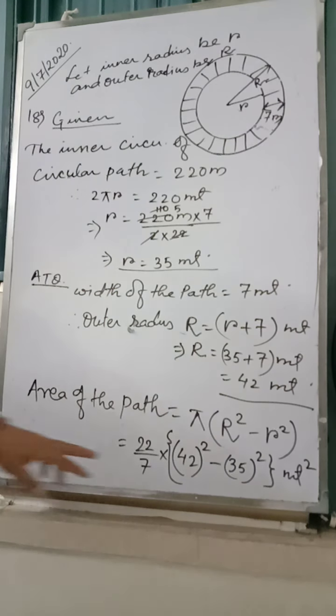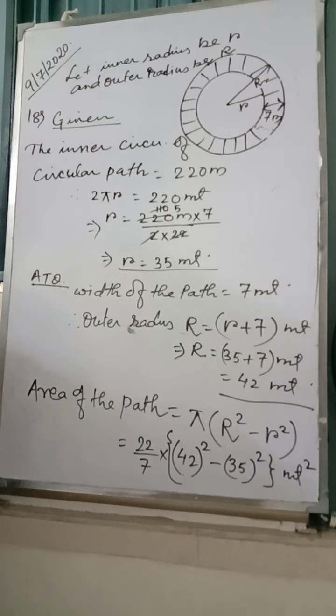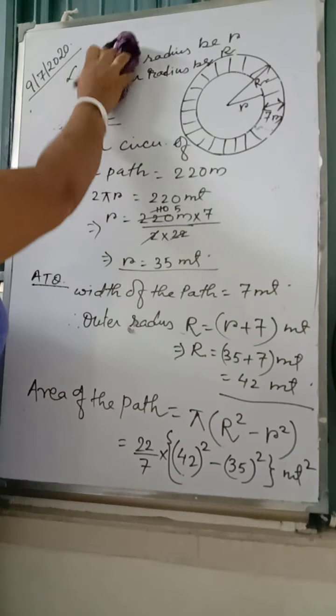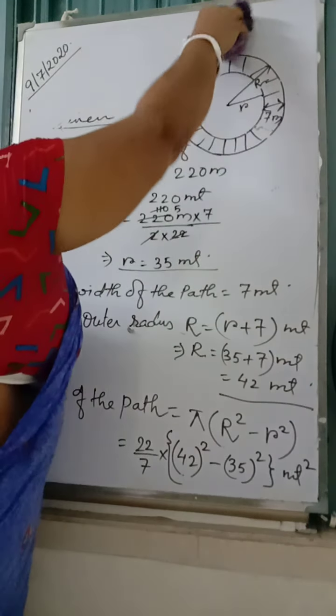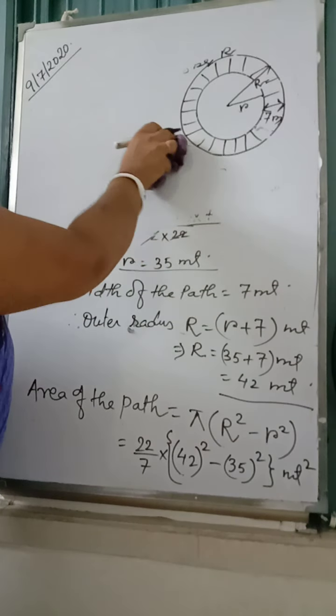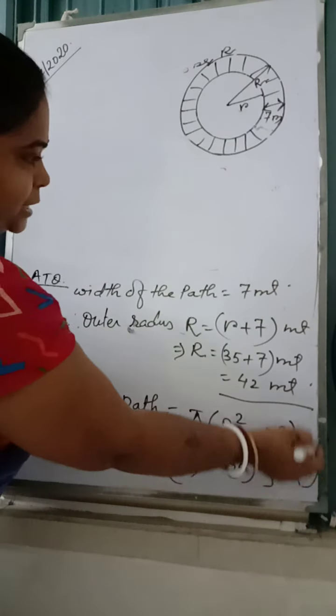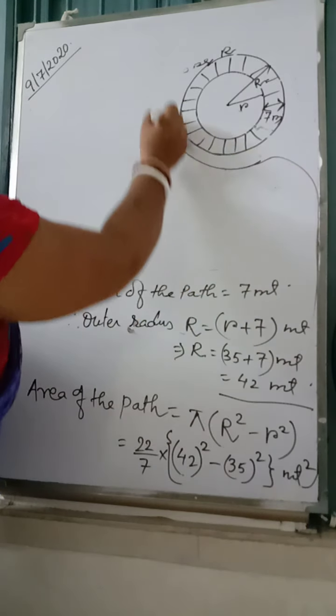Now you can get 42 into 42 and minus 35 into 35, but I will not use that. If you use what I am going to use, you can get your answer solved within a minute. What is that? Have you learned the formula of a square minus b square?